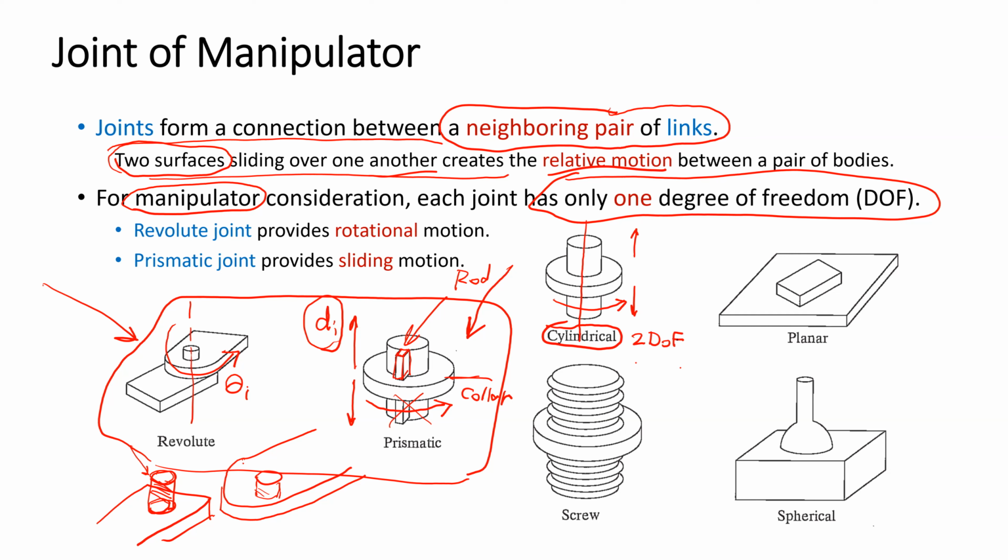In some industrial robots we may have a cylindrical joint, but in order to analyze the kinematics of that robot, you should separate the degrees of freedom of that joint into 2 mathematical joints.